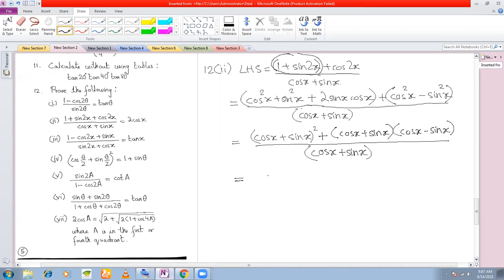So now cos x plus sin x you can take common. If cos x plus sin x you can take common, then what are you left with? You are left with cos x plus sin x, and you are left here with cos x minus sin x.